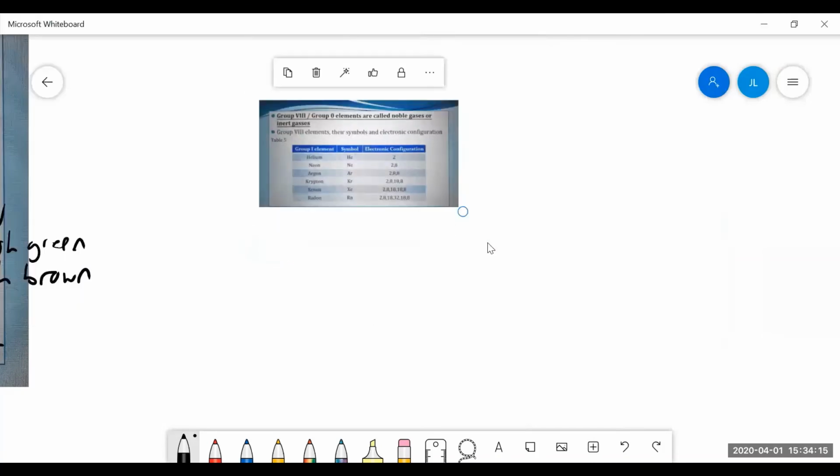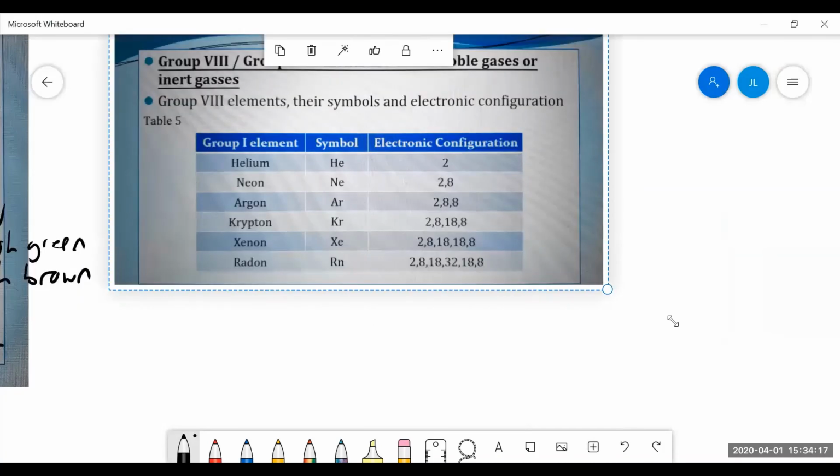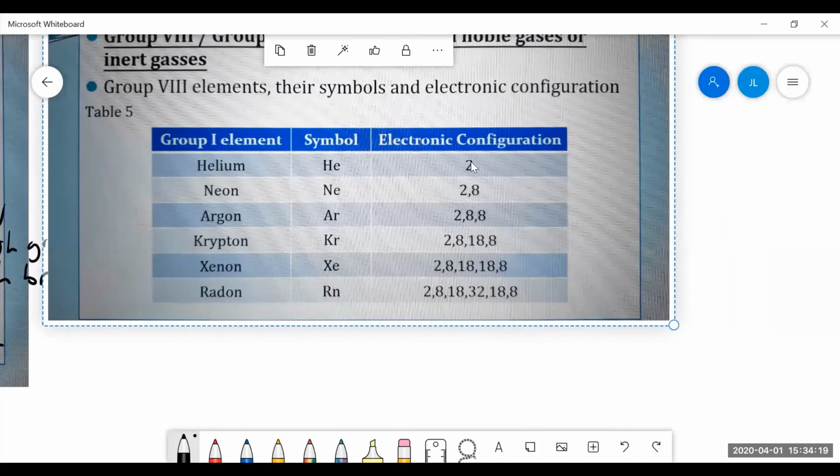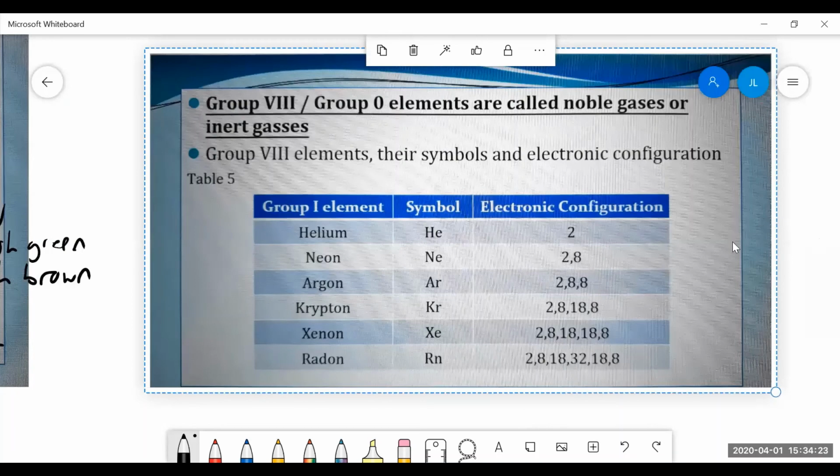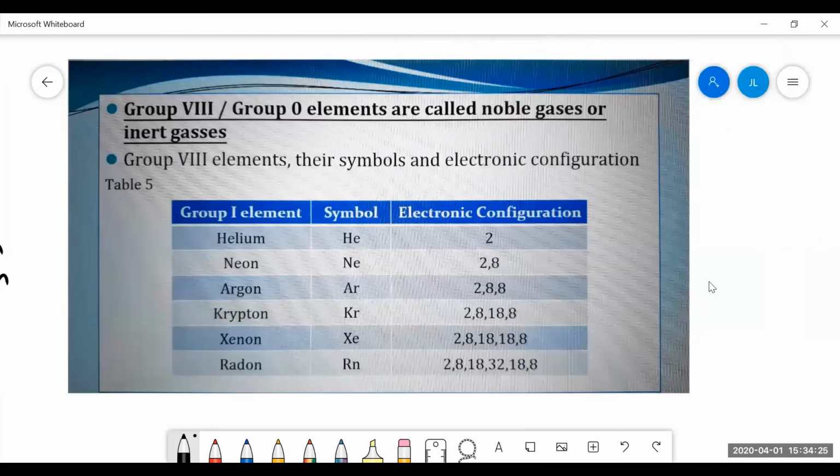Okay. So helium, neon, argon, krypton, xenon, radon. This will be the electronic configuration for each of the elements stated.